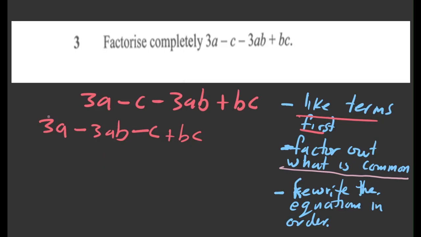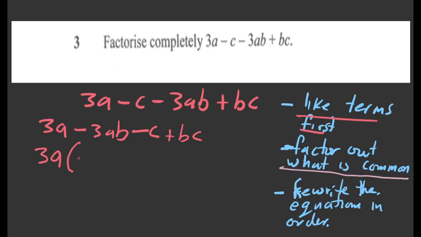So this is common. We also have 3, which is common. So what do we want to do? We want to write what is common outside brackets. Since 3 is common and a is common, write them outside and then split them by brackets.